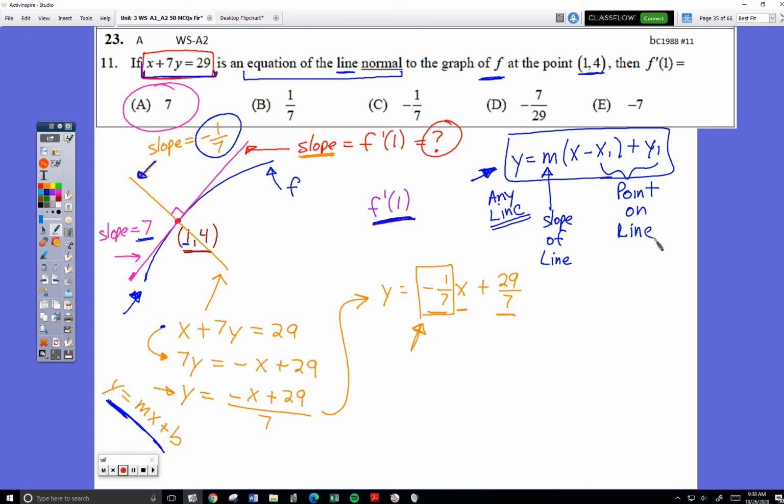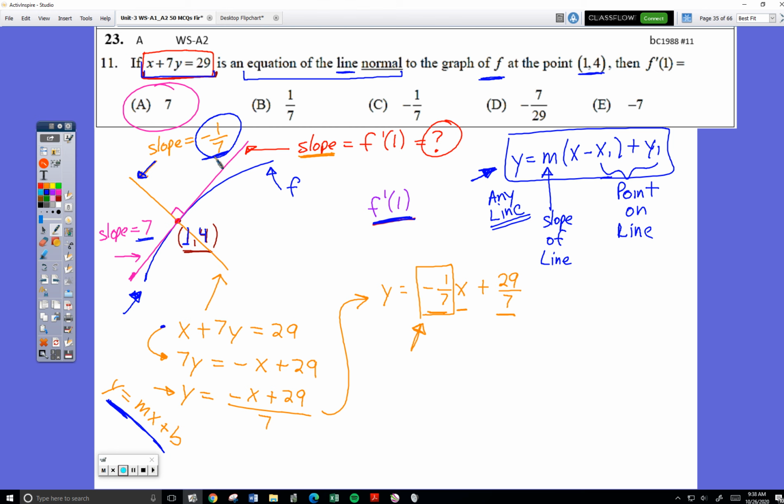Not really. Sorry, can we just do one small example of that? So, no, you're good. For example, in this problem, this orange line goes through the point (1, 4). We know the slope of that line is negative 1/7.